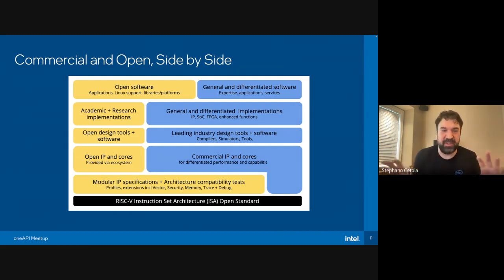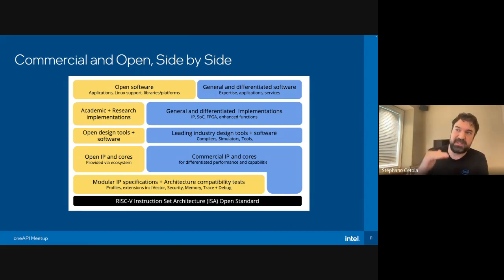And while I don't think this slide translates it perfectly, I think it gives the fundamental concept that there's going to be one standard instruction set underlying everything, but what you layer on top of that doesn't have to be open source. You don't have to have an open architecture for your extensions that do security or memory, as the bottom layer shows. It could be commercial or it could be open.